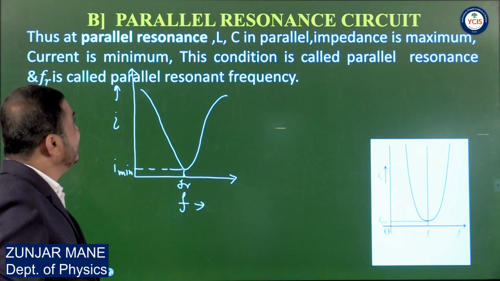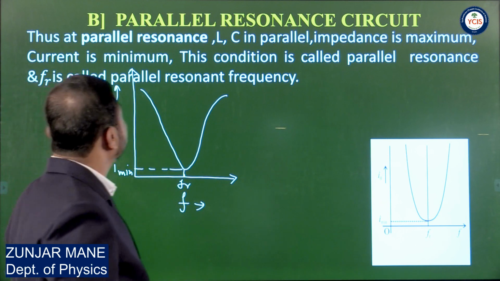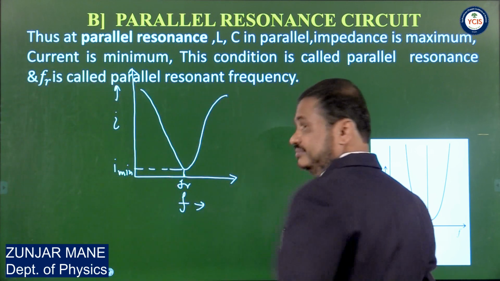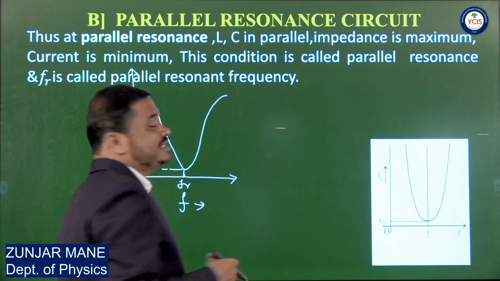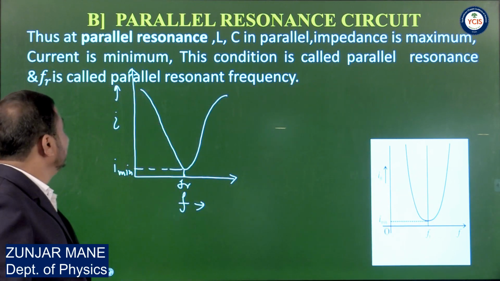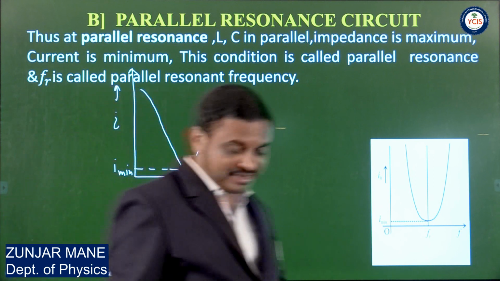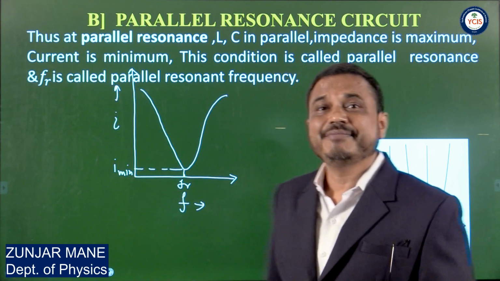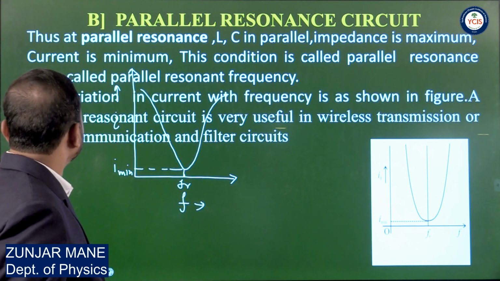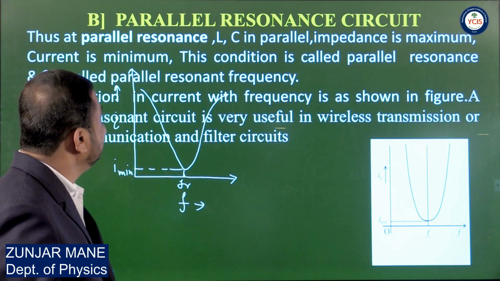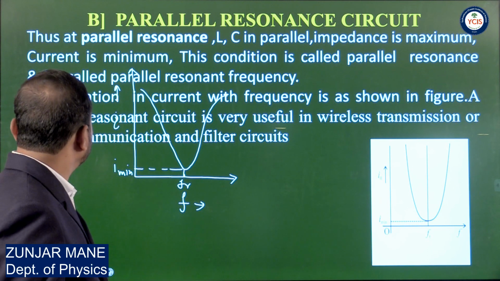Thus, at parallel resonance, L and C are in parallel, the impedance is maximum and the current is minimum. This condition is called parallel resonance and the frequency is called the parallel resonance frequency. The variation in current with frequency is shown in these figures.